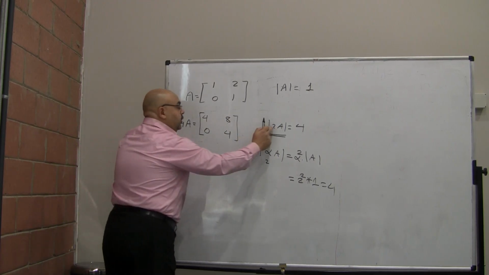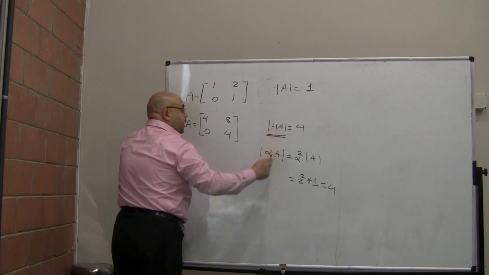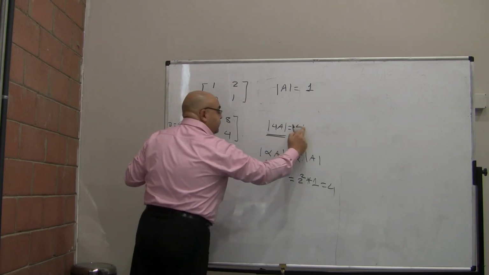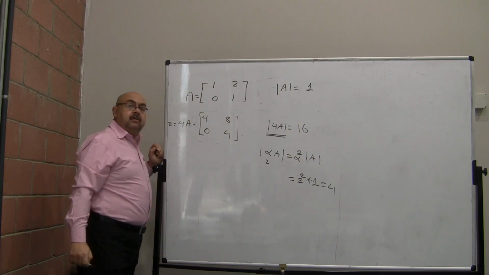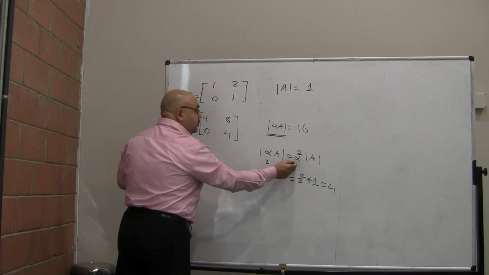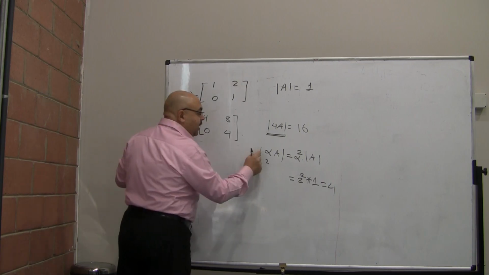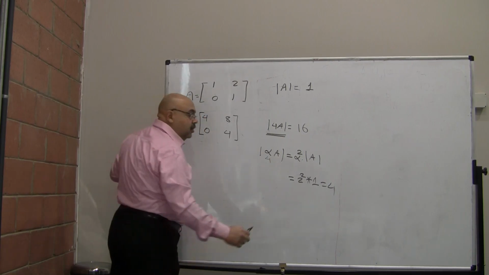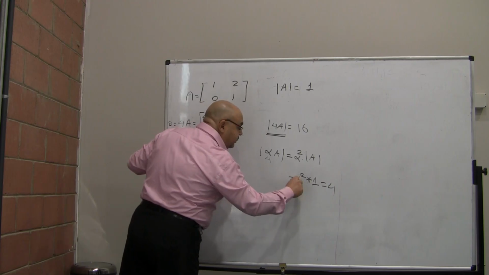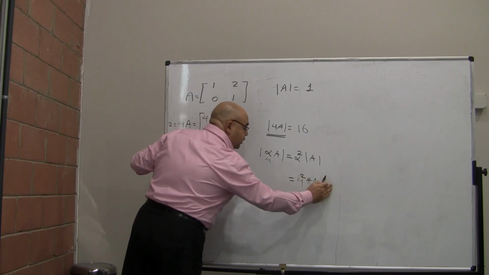And once you try to get the value of 4 and 8, it's going to be 16. And this is true. You already multiplied by alpha, which is simply 4 to the power of 2 times 1.